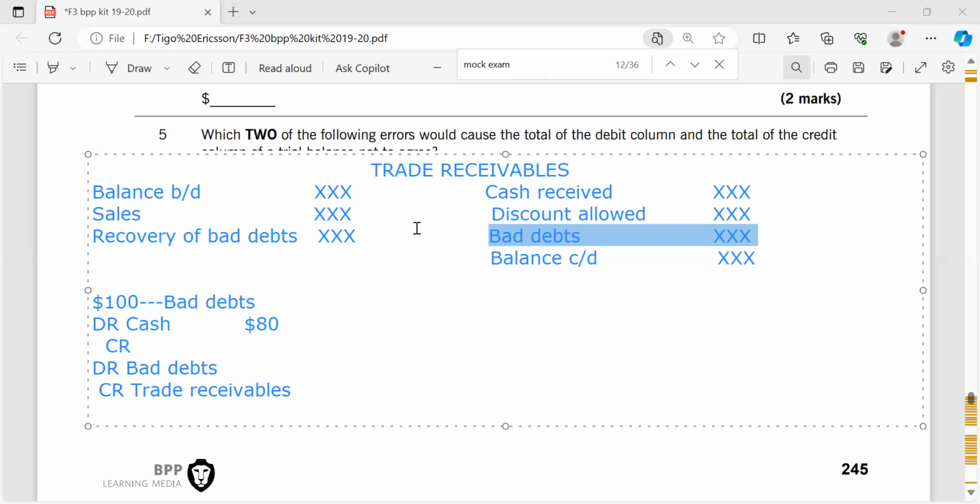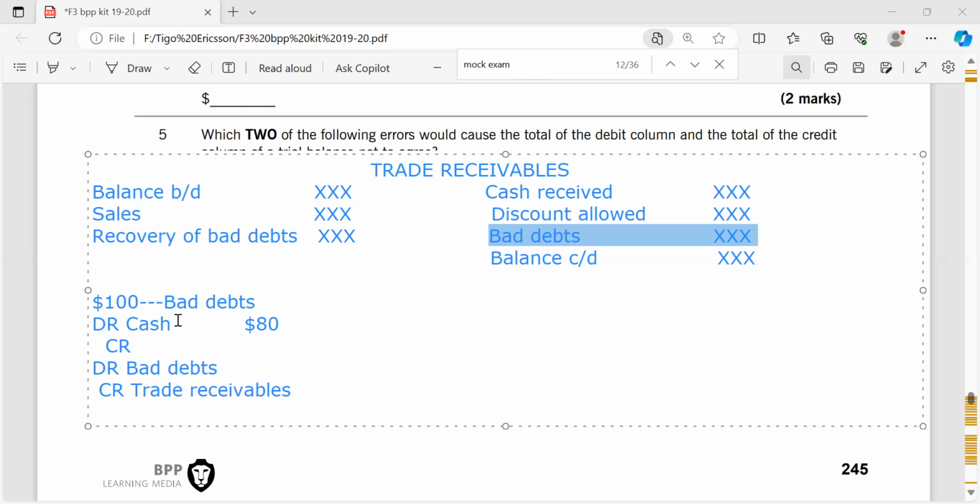So if you are trying to recover the bad debts, we are trying to reverse what previously happened under trade receivables. Let's presume that maybe you have not received the amount. We just mean that maybe I did it wrongly. Maybe I anticipated that the customer won't be able to pay me, but I anticipated the wrong customer. So I'm trying to rectify my books.